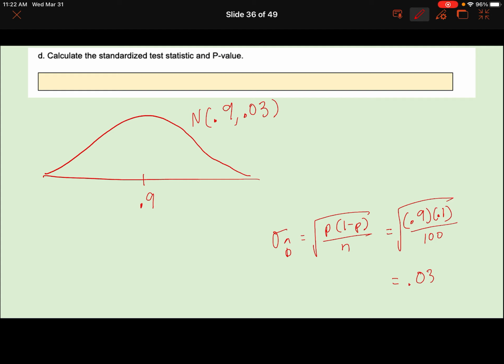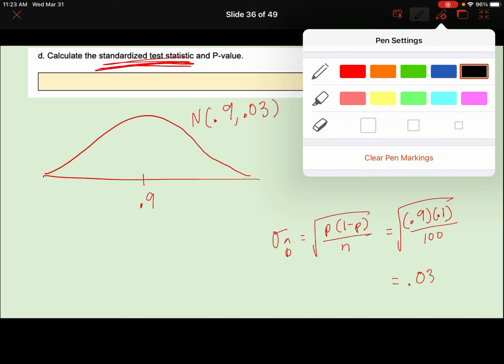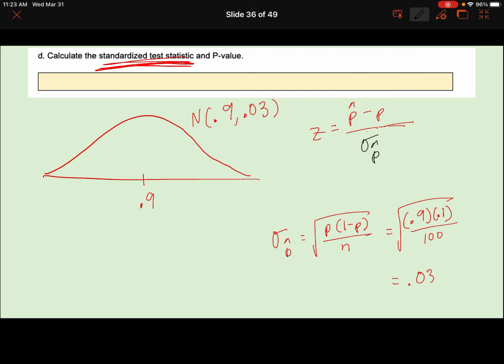We can now solve this a couple different ways. I'm going to show you how to solve it using a z-score. The z-score is the standardized test statistic, that's why I'm showing you this way. So I've got p hat minus p, all divided by the standard deviation for p hat.